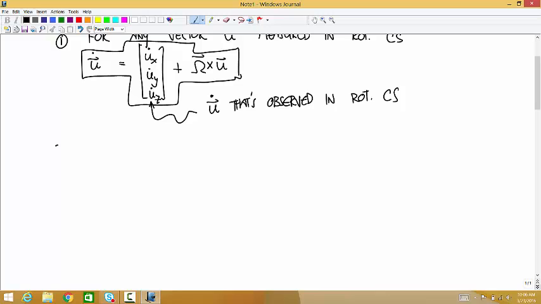Second, we applied that first major result to the position vector to get an expression for the velocity vector.